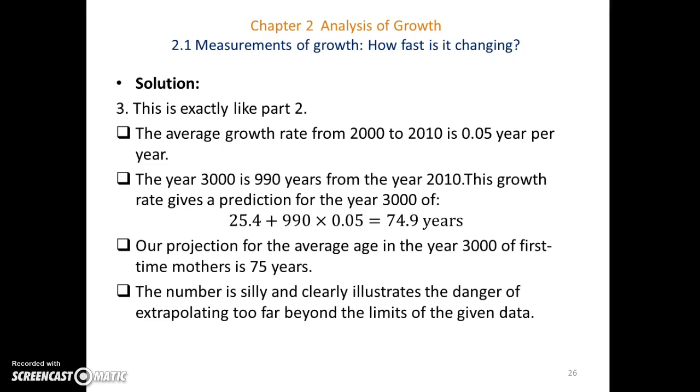Assuming that this growth rate continues for these 990 years, the average age of first-time mothers will be the average age in 2010 plus 990 times the average growth rate of that age per year. That results in 74 9/10 years. So we project that in 3000, the age of a first-time mother is 75 years. This is unreasonable. This is one danger of extrapolating. If you go too far away from the data, you will get unreliable results.